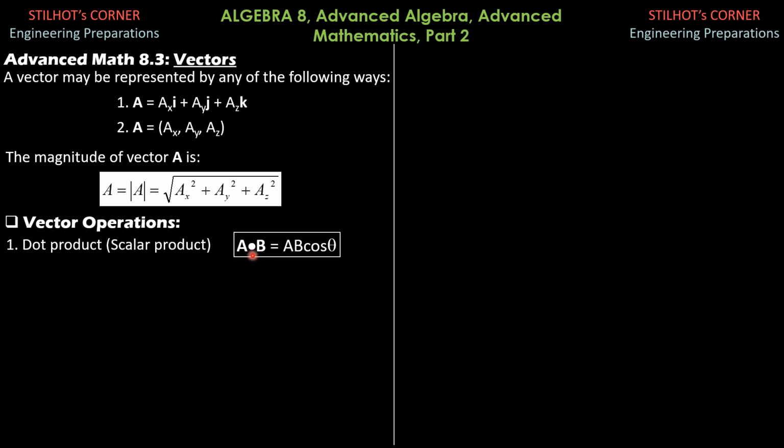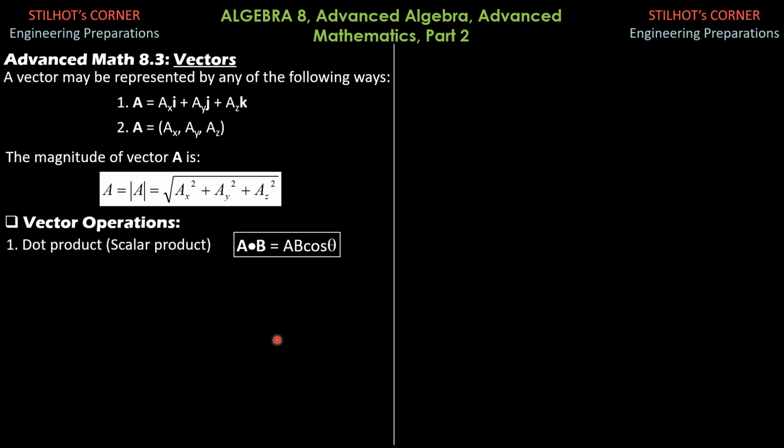So I hope that the application for that product is clear here. For instance, A cosine theta is the component of vector A in the direction of B. And B cosine theta is the component of vector B in the direction of A. And the angle theta is the angle between the two vectors.